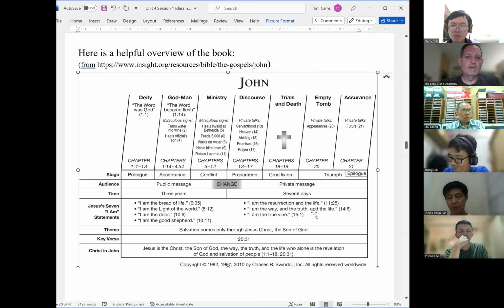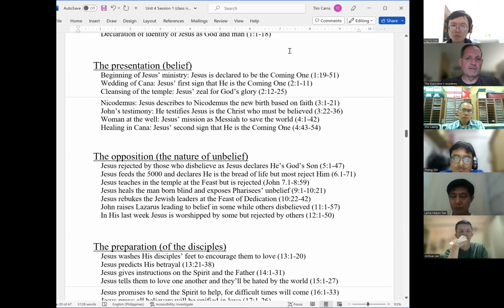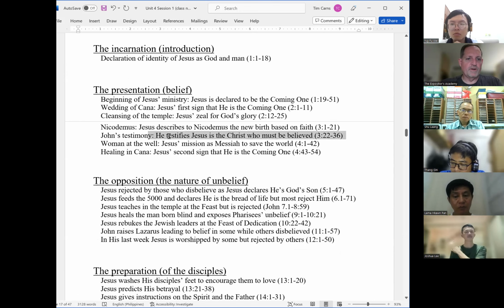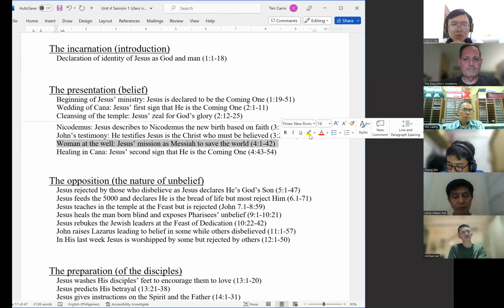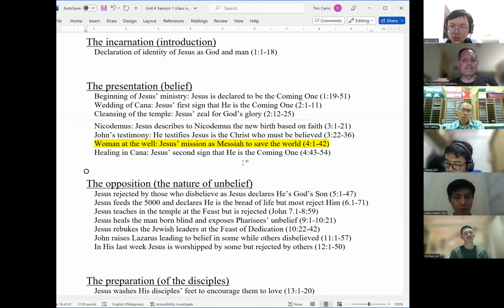So for example, we're going to be looking at John 4 together, and we find John 4 here, okay, in the section that gives attention to the nature of belief, of faith, true faith, and what it is, and even an example of it here from the woman at the well.